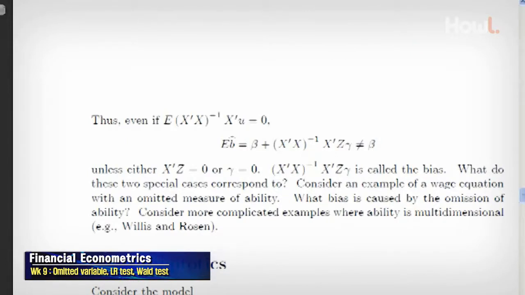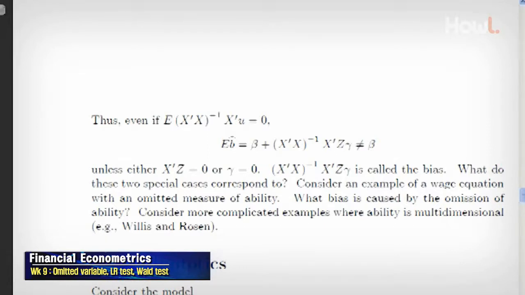If this whole term is positive, then do we overestimate the effect of education or underestimate it? Anyway, suppose this whole term is positive.